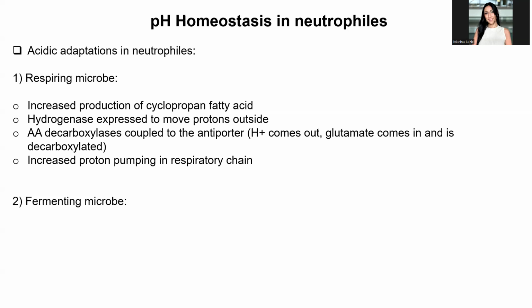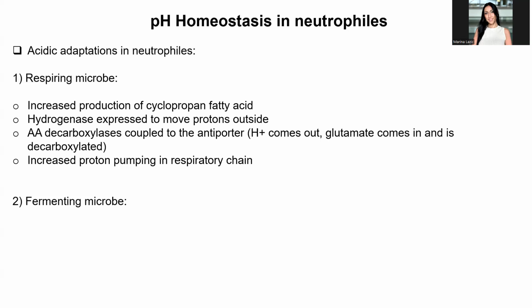Why glutamate? Because glutamate will be decarboxylated by the decarboxylase. So the antiporter and decarboxylase are working together. The antiporter exports a proton and imports glutamate, the decarboxylase decarboxylates it, and this prevents the cell from acidification.